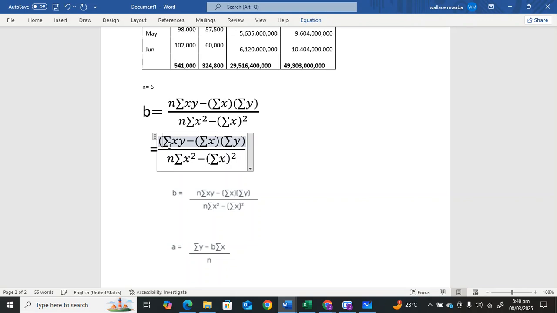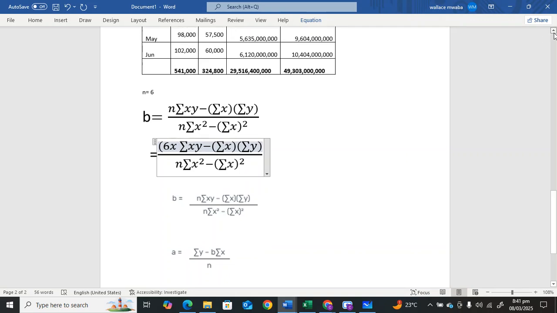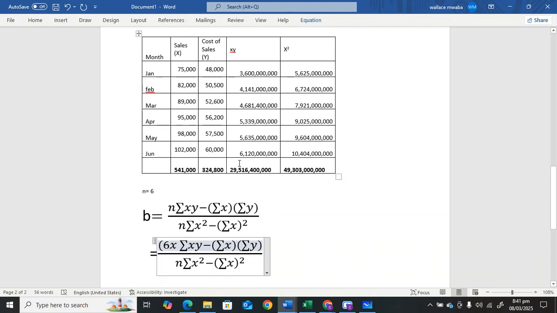It says 6 multiplied by the summation of the product of x and y. Okay, so it's this value here, this 29 billion here.